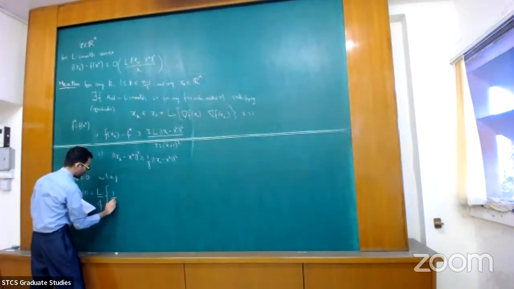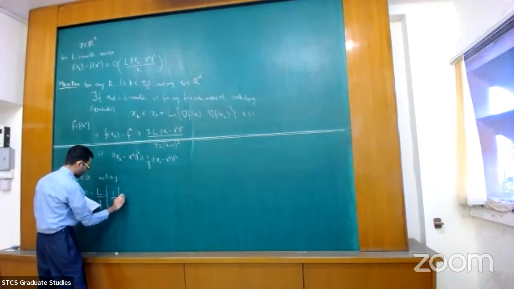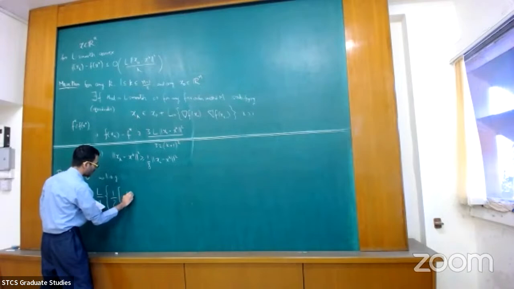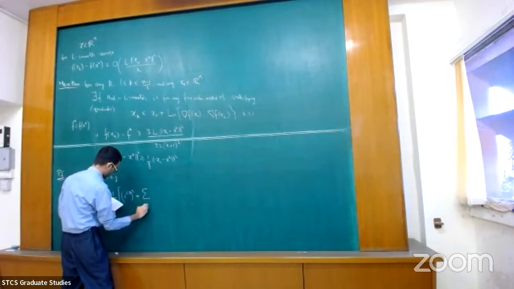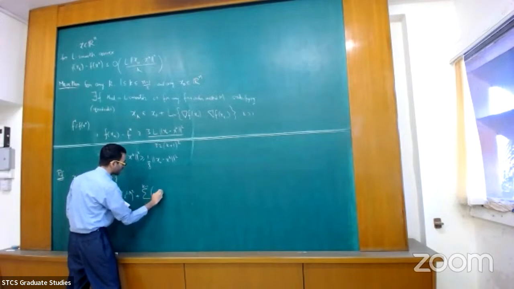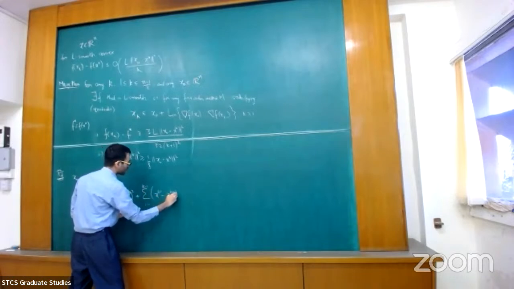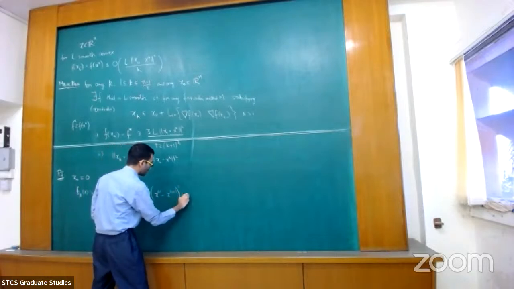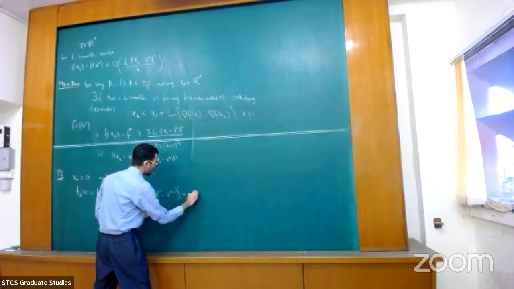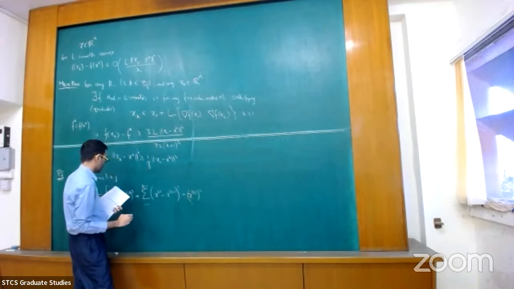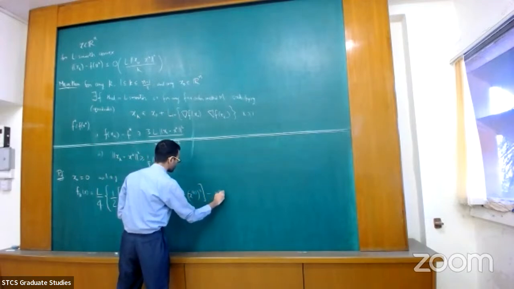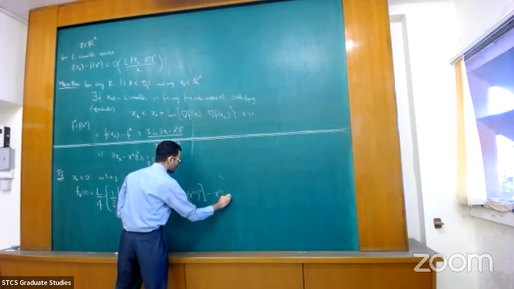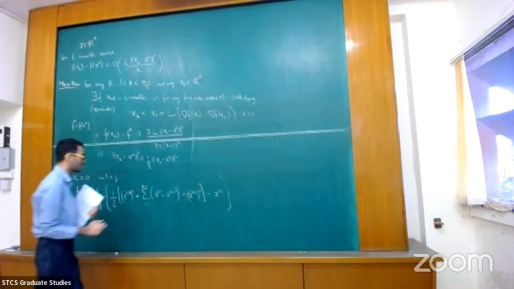And here I have a half, x1 squared, plus the sum of squared differences of consecutive xi, plus xk squared, minus x1. Okay, so this is the function.